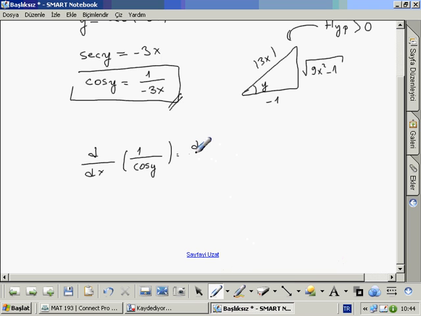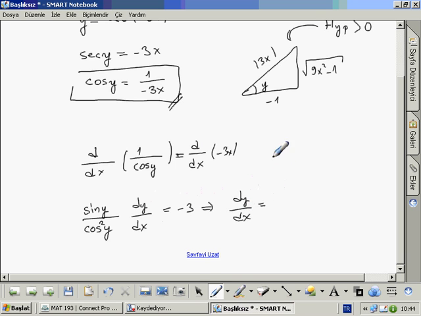After that you will obtain sine y over cosine squared y times del y over del x equals minus 3, and so del y over del x equals minus 3 times cosine squared y over sine y.